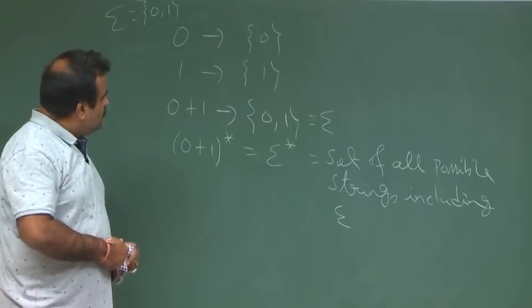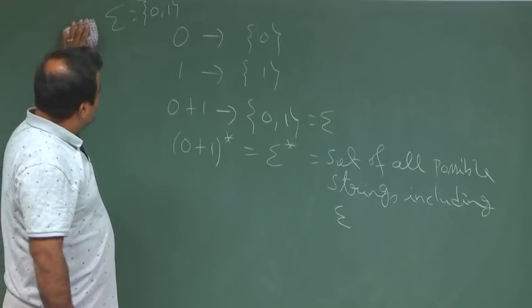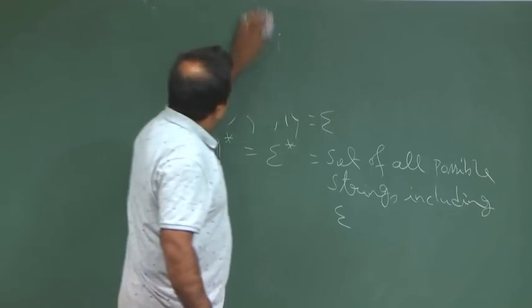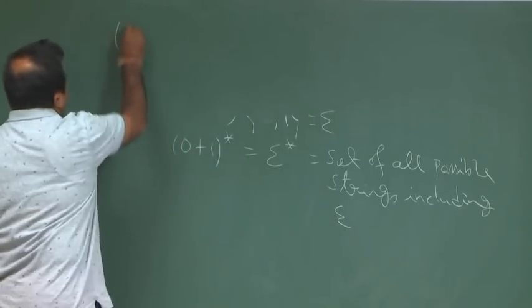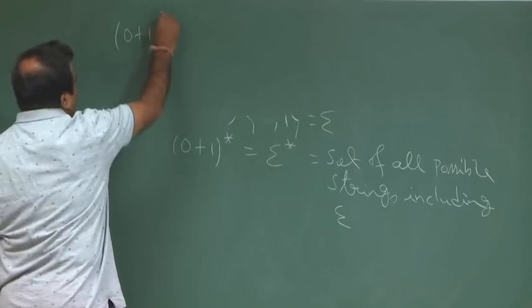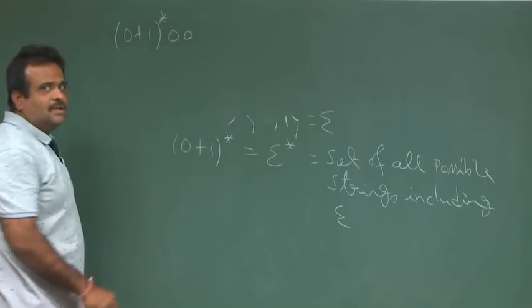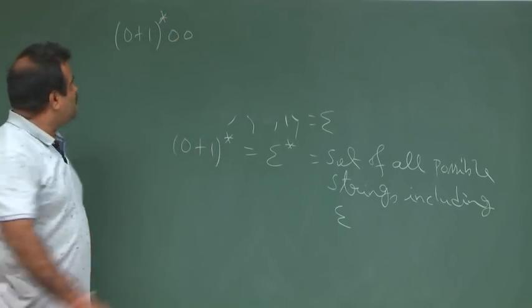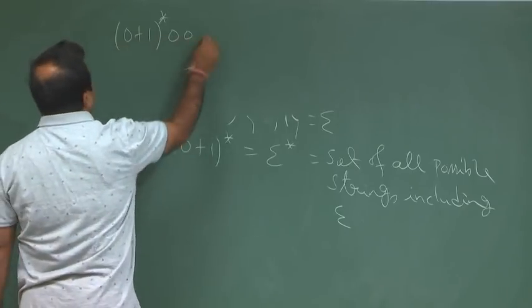Okay. Now, if we have a regular expression like this, (0 plus 1) star 0 0, this is also a regular expression. Now, what is the language corresponding to this regular expression?